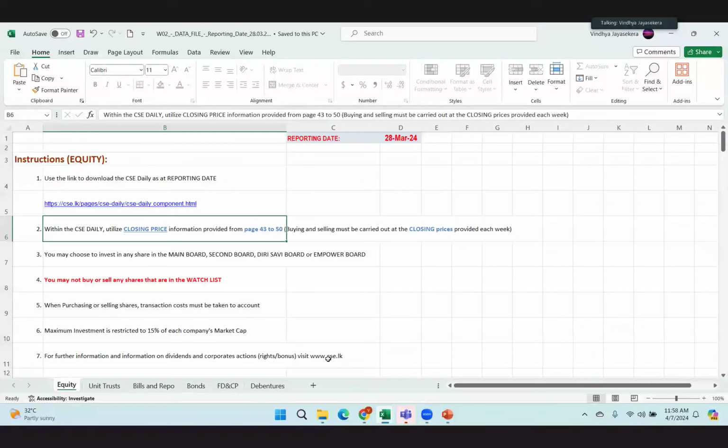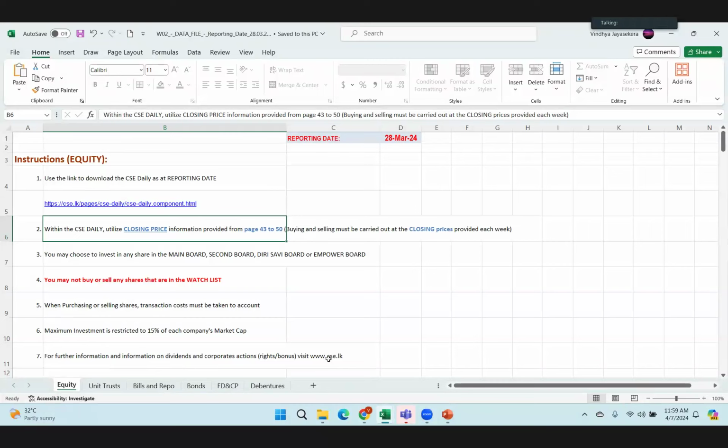You will get your normal data file over the weeks, and if you're changing any data, meaning you're buying new securities, selling old securities, making any changes to the file based on buying and selling, then you have to submit the in-between assignment before the deadline that has been assigned, which is usually the next Tuesday.